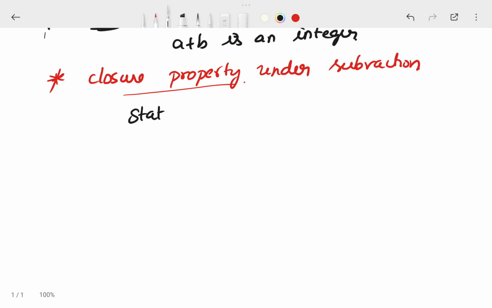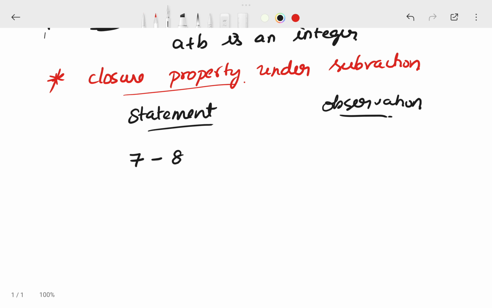Here we will write the statement, and here we will write the observation. Let's take 7 minus 8. This is an integer, this is an integer, and of course the answer is -1, which is also an integer. So the observation we can write here is integer.